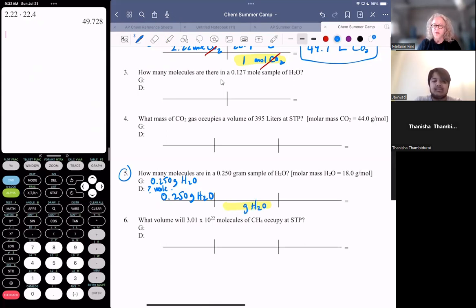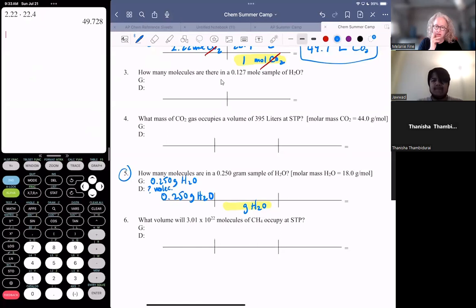What can we convert grams to? Yeah, in our conversion factors that we have, what can we convert grams to? 6.02 times 10 to the power of 23.